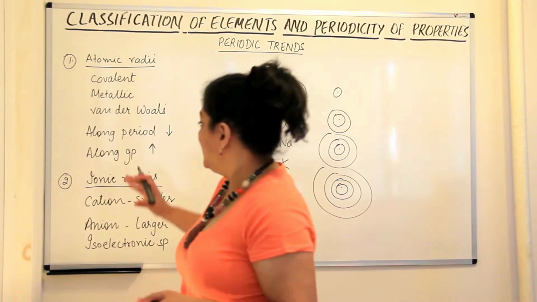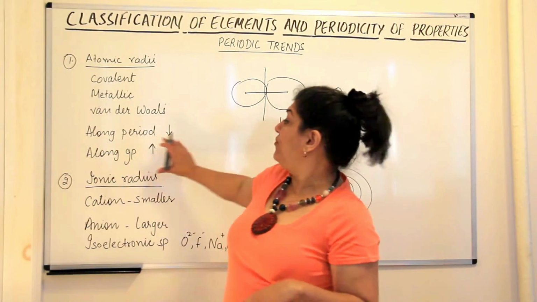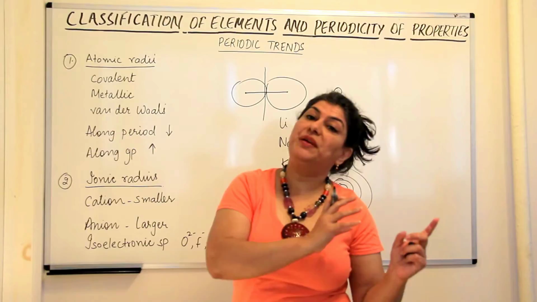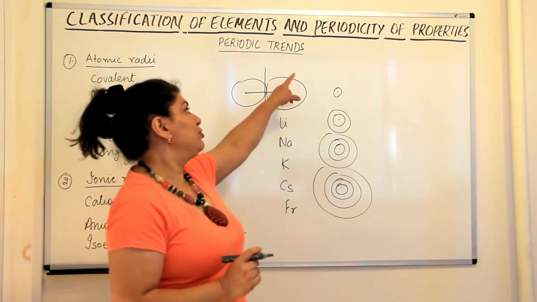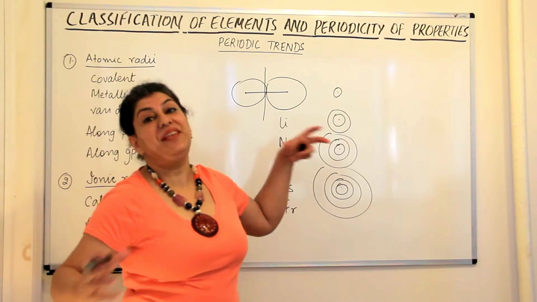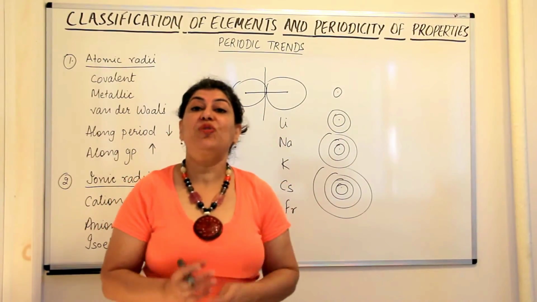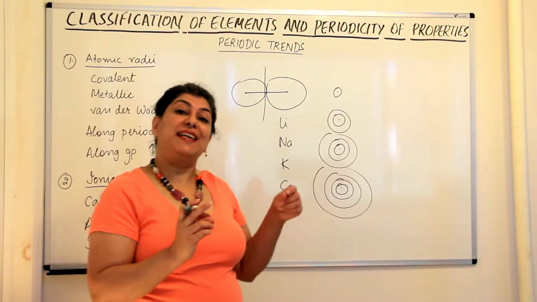So what is the periodic trend in the case of atomic radii? As we move from left to right in a period, the size of an atom decreases, and as we move from top to bottom in a group, the size of an atom increases. The reason being that as we move from left to right, the electron is adding in the same shell, and at the same time the proton is adding in the nucleus.